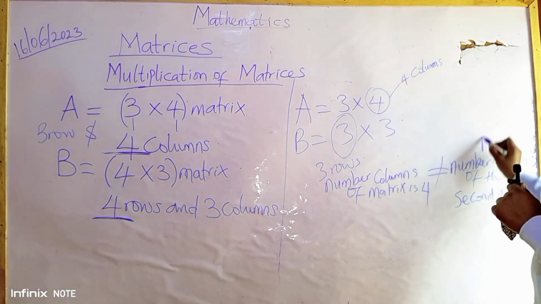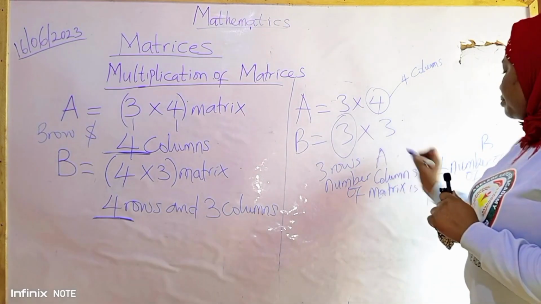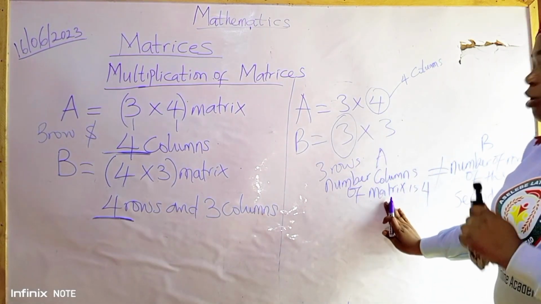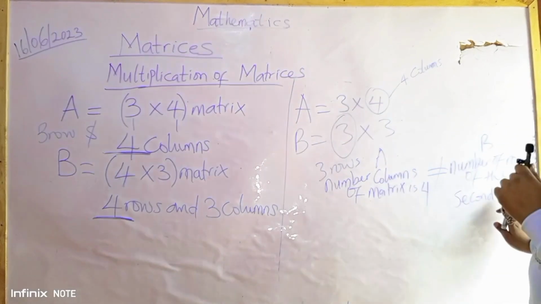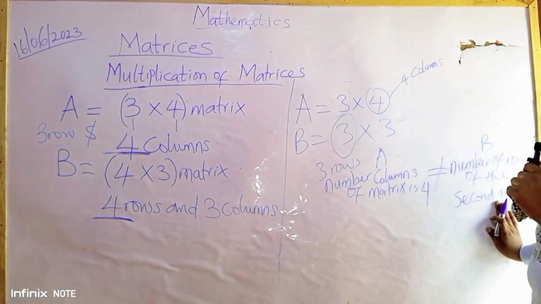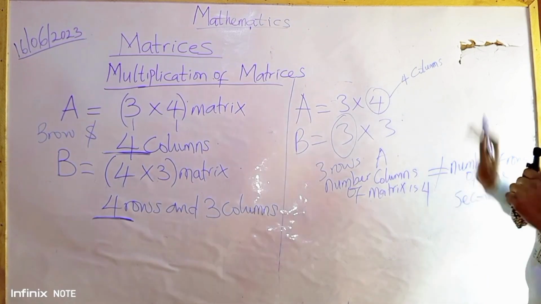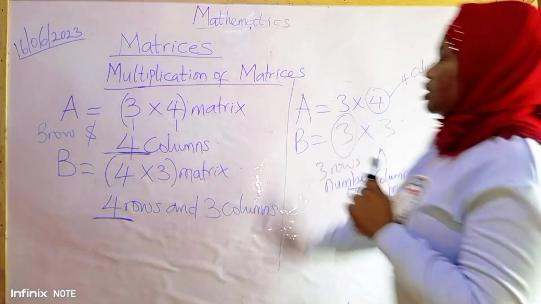So this is matrix B, this is matrix A. The number of columns of matrix A is 4, and the number of rows of matrix B is 3. That means they cannot be multiplied together.